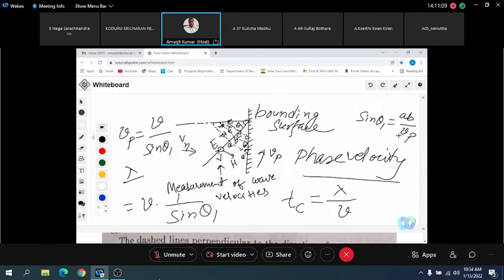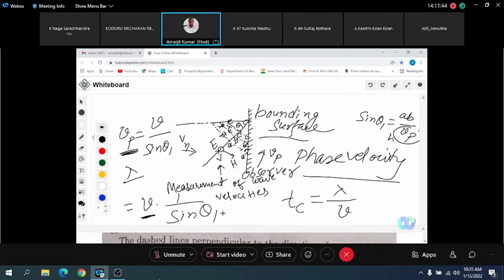This will be the hypotenuse. So the idea is the phase velocity and the actual velocity are related. The actual velocity of this incident wave and the phase velocity which the observer is measuring, the velocity parallel to the bounding surface, are related by 1 upon sine theta 1.